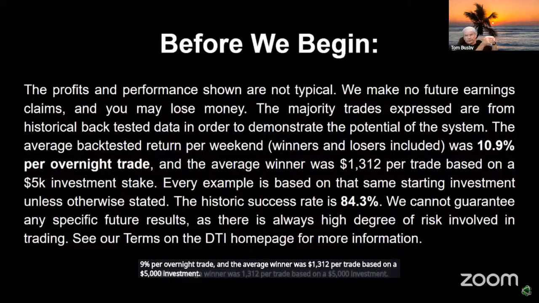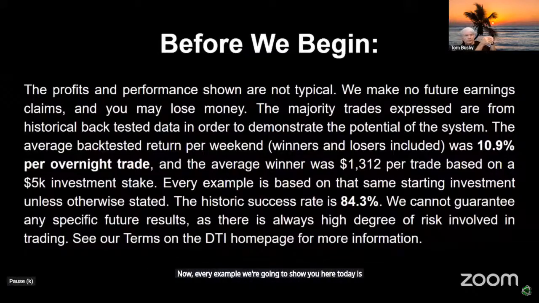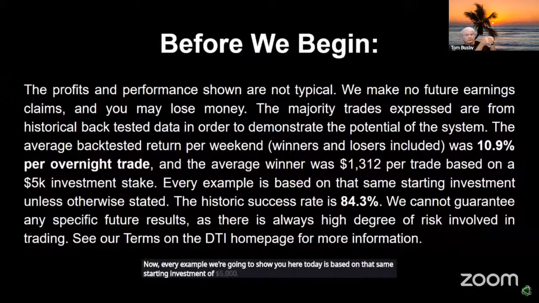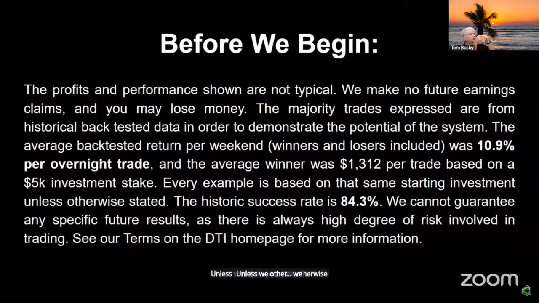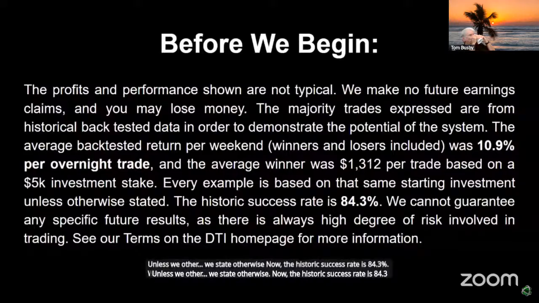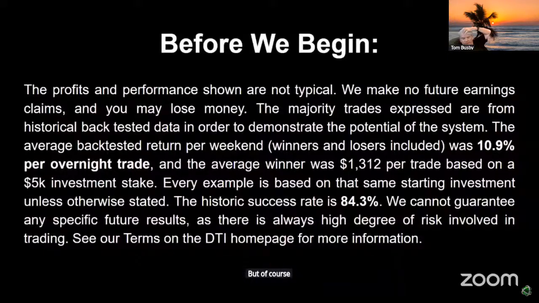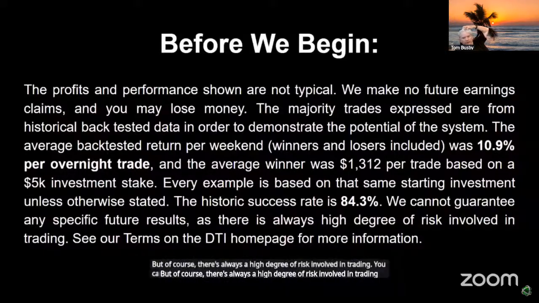Every example we're going to show you here today is based on that same starting investment of $5,000, unless we state otherwise. The historic success rate is 84.3%. We cannot guarantee any specific future results, but of course, there's always a high degree of risk involved in trading. You can see more on our terms on the DTI homepage for more information.